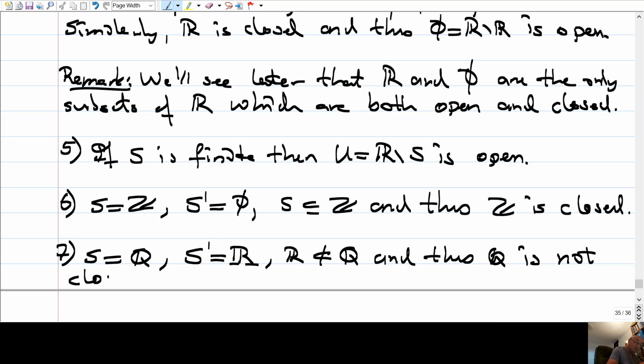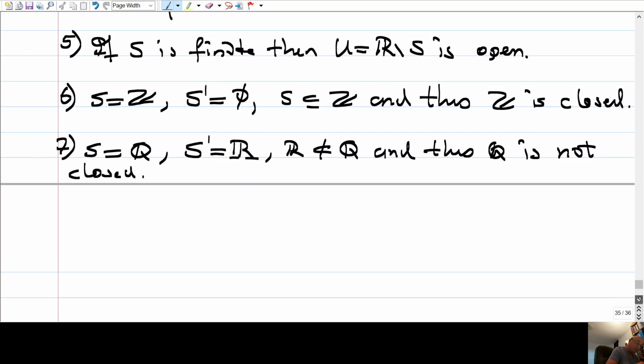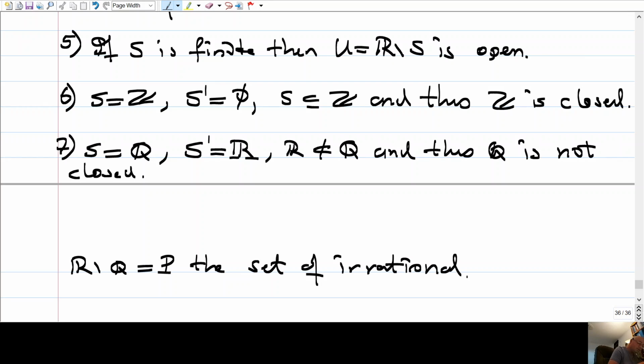Okay. Is it open? Well, R minus Q, let's call this set P, the set of irrational numbers, right?